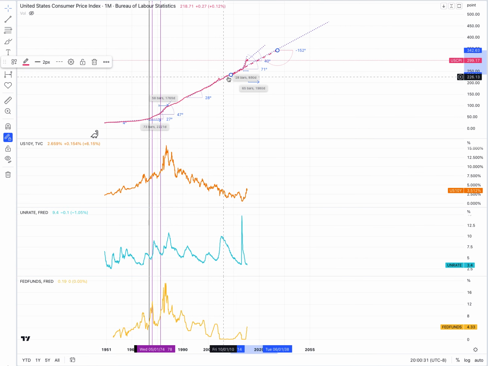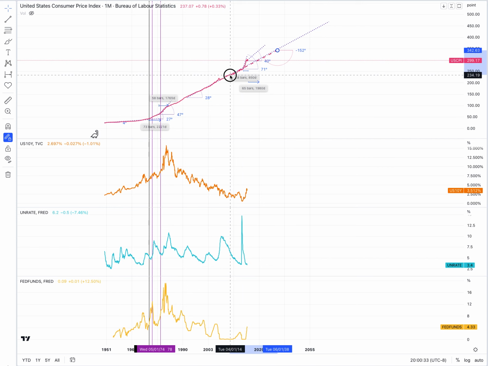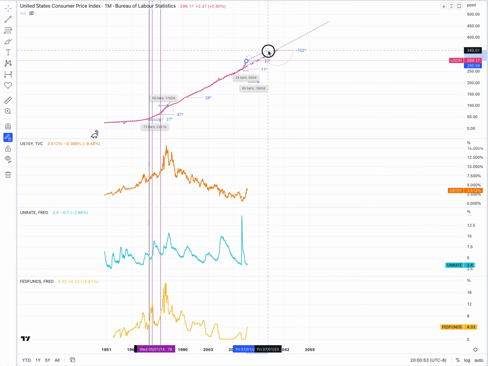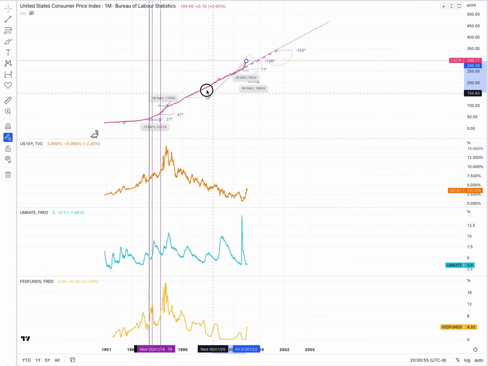So if you want to go back to this level, you want to change from this angle, which is a 40 degree angle, back to this line. So we have to go back around minus 152 degrees, which is all the way here. So quite a bit, actually quite a bit.